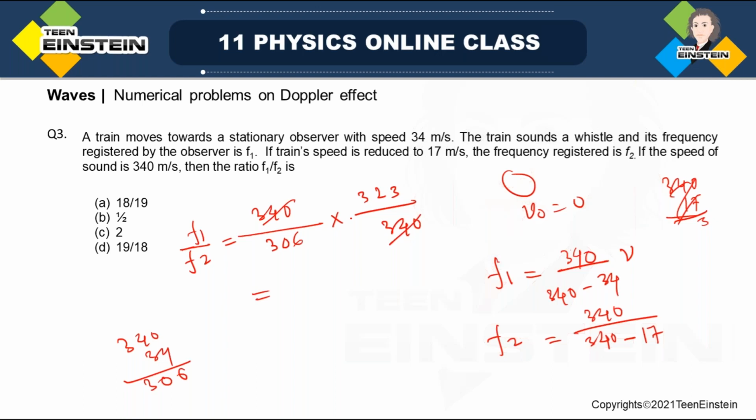Anyway, the source is moving towards the observer, that is true. So here the answer will be 18.